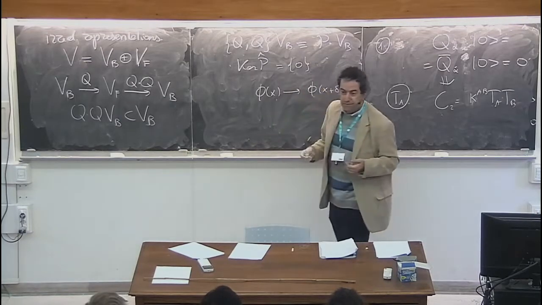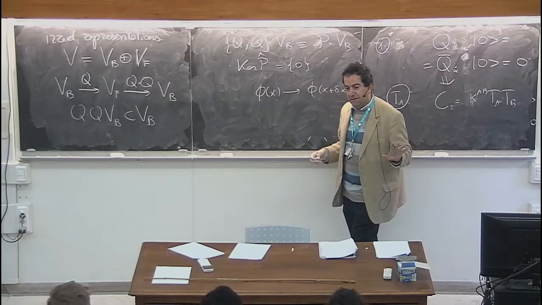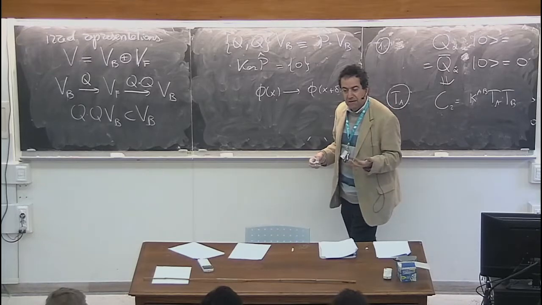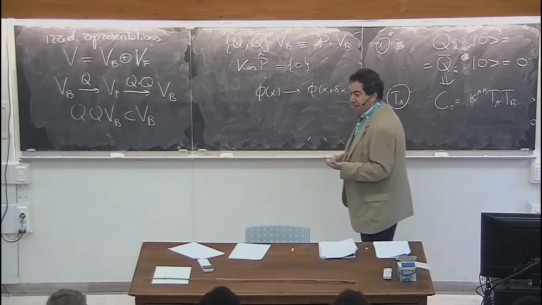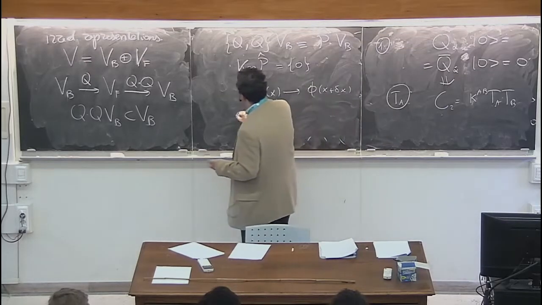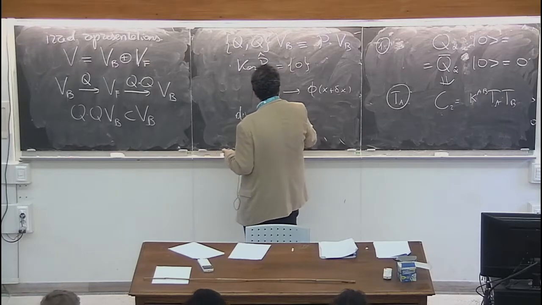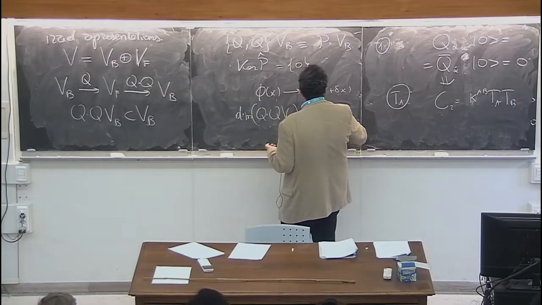It changes. There's no field which is left invariant by the action of P. This means that P is injective, and this means that the dimension of QQ VB has to be equal to the dimension of VB.